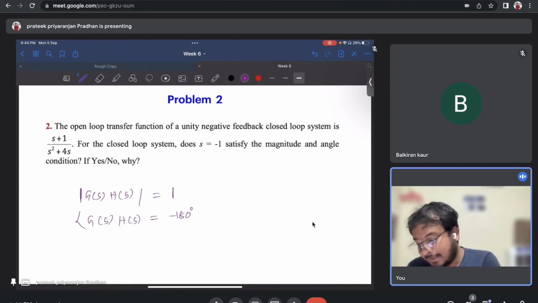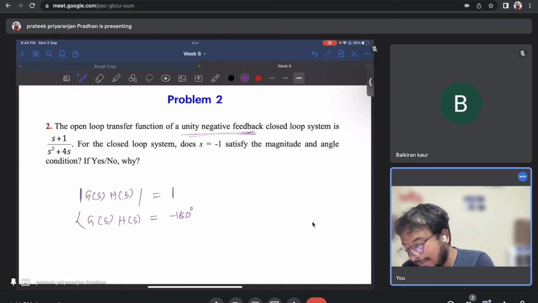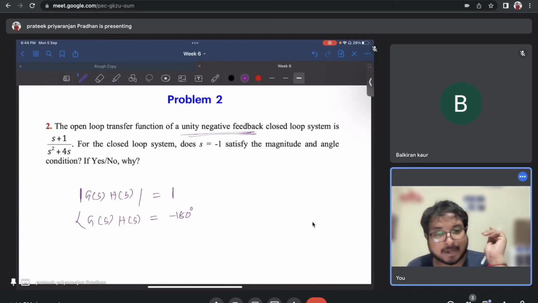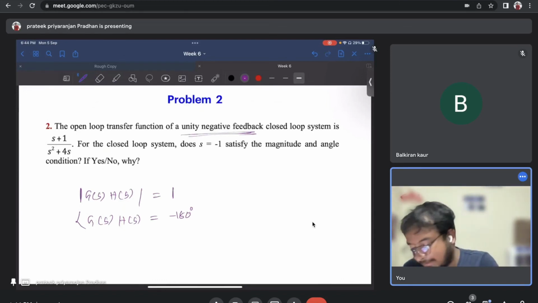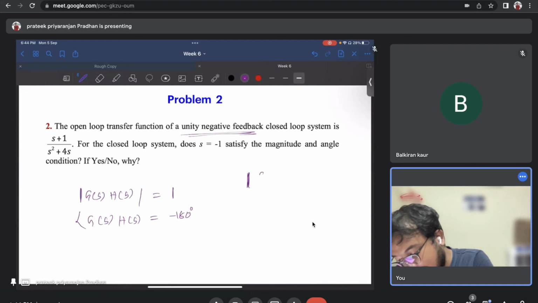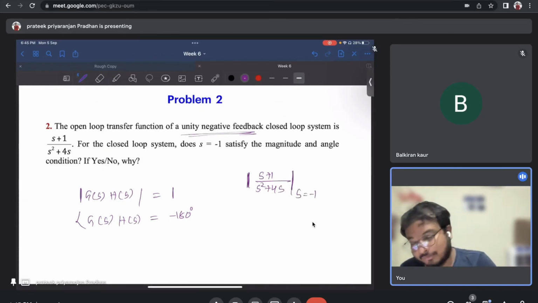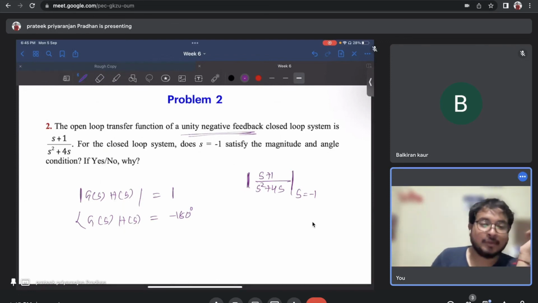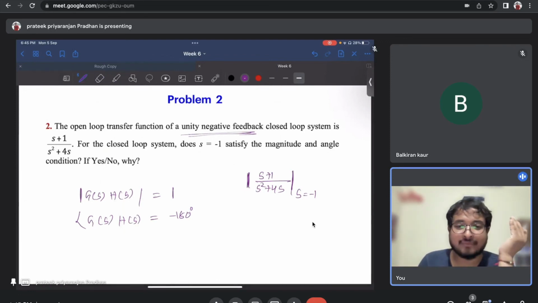Okay, so let's try. Here we have unity negative feedback. That's why we can directly say H(s) magnitude is 1. That means the magnitude of G(s)H(s) is mod of (s plus 1) divided by (s square plus 4s) at s equal to -1. Can you calculate it quickly? It's very straightforward.